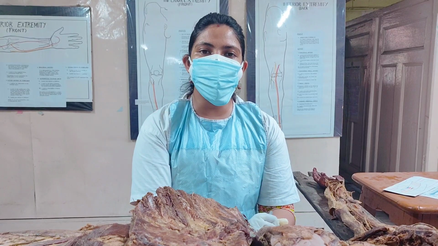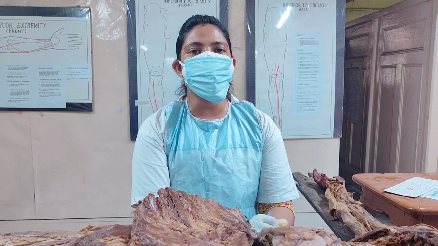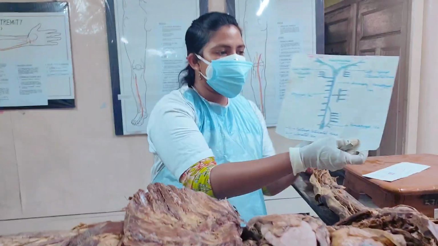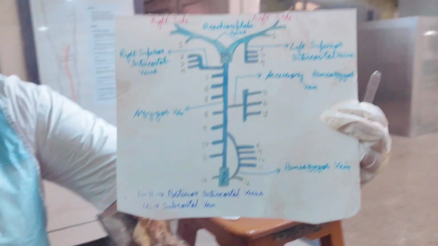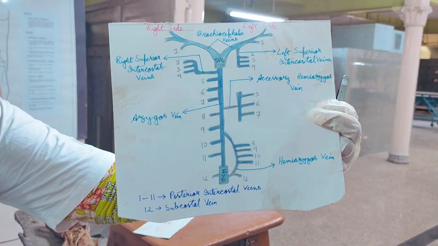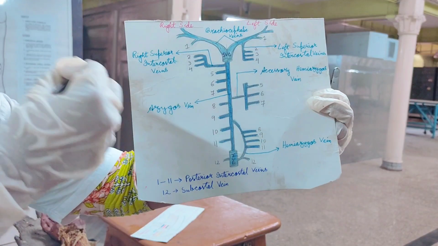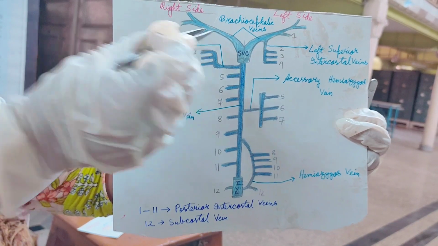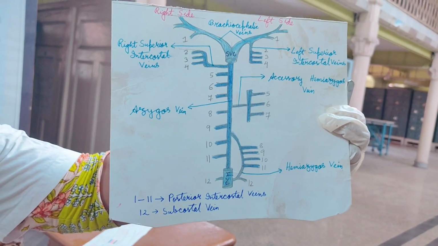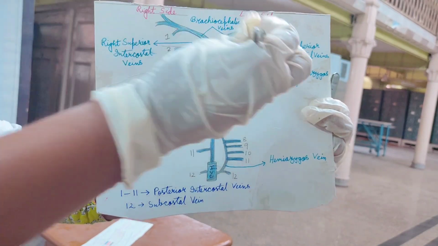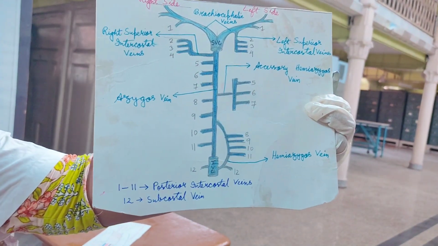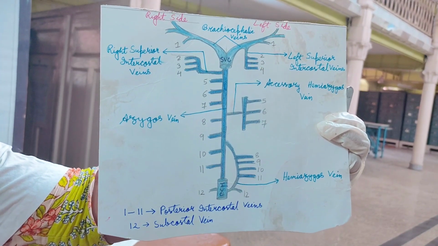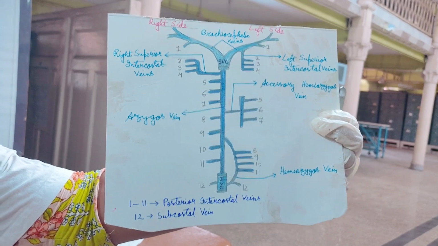Coming to the posterior intercostal veins, their drainage differs on the right and the left side. Now look at this picture. This is the right side and this is the left side. On the right side, the first posterior intercostal vein drains into the right brachiocephalic vein. On the left side, the first posterior intercostal vein drains into the left brachiocephalic vein.